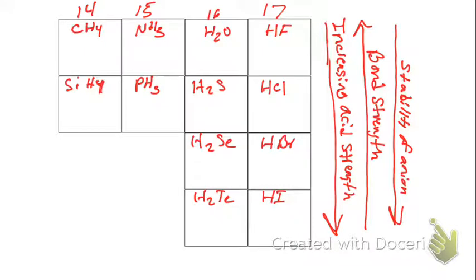Okay, so these two factors here, the bond strength and the stability of the anion, are going to be the reason for the increase in acid strength.